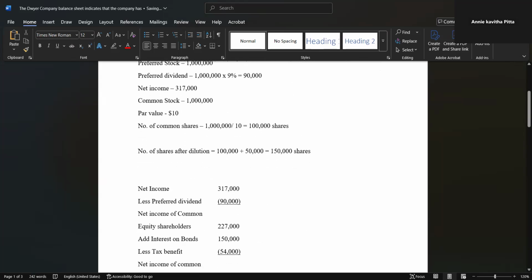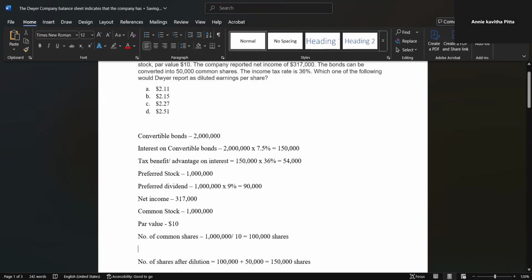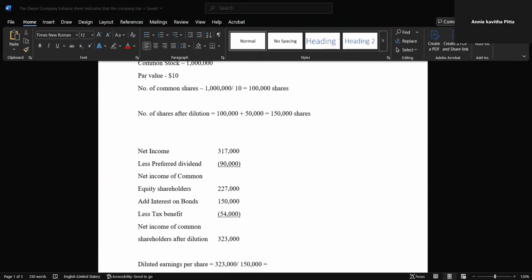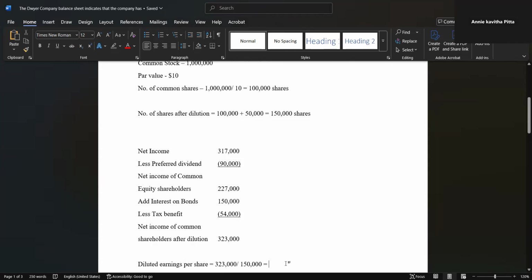Now, if we are asked to calculate the diluted earnings per share, diluted earnings per share is equal to 323,000 divided by 150,000, which is equal to $2.15, or 2.1533.